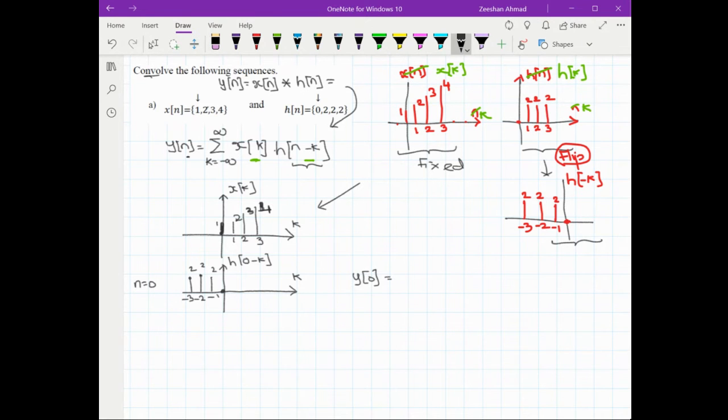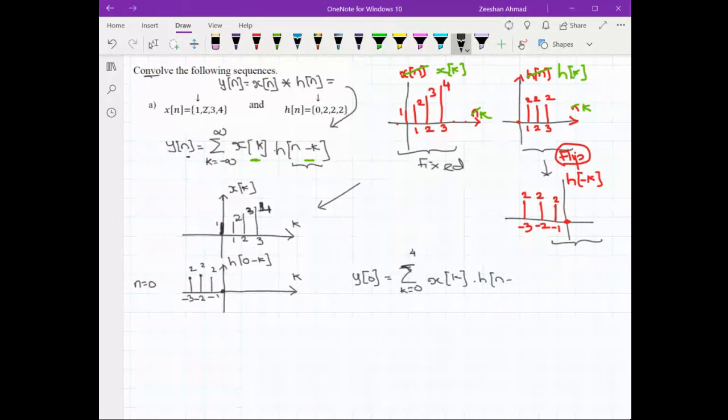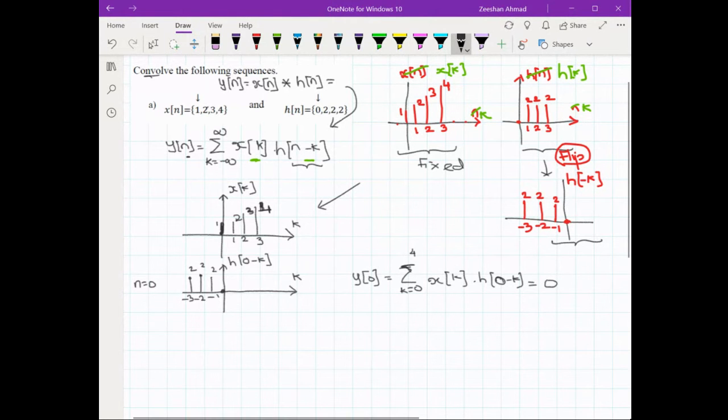Like if I put the value of n as 0 here, it will be equal to the summation for the value of k. Let's suppose I say that k equals 0 to 4. I have x of 0 or x of k into h of n minus k here. Okay, so in this case n is 0, so 0 minus k. Obviously I will get 0 here. Okay, it's quite clear here.